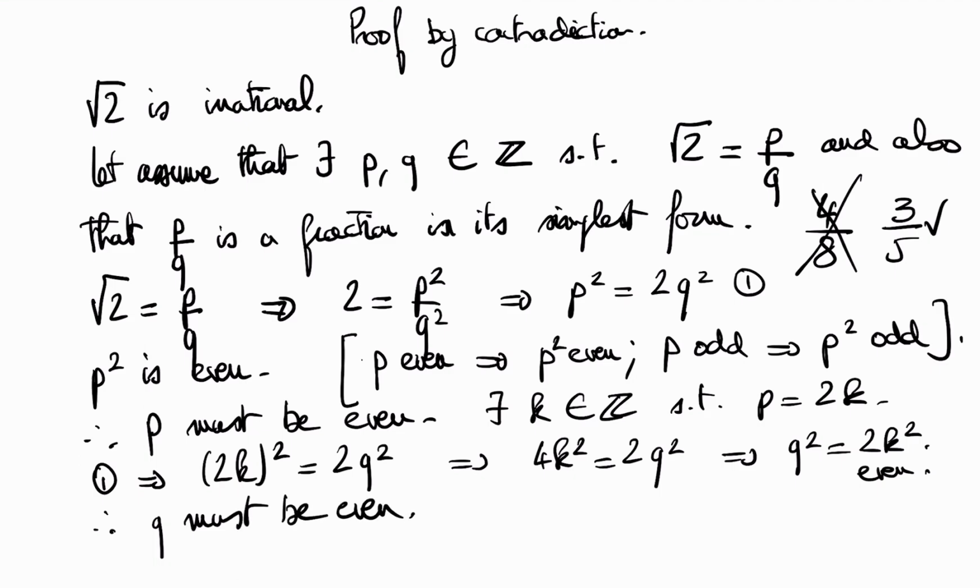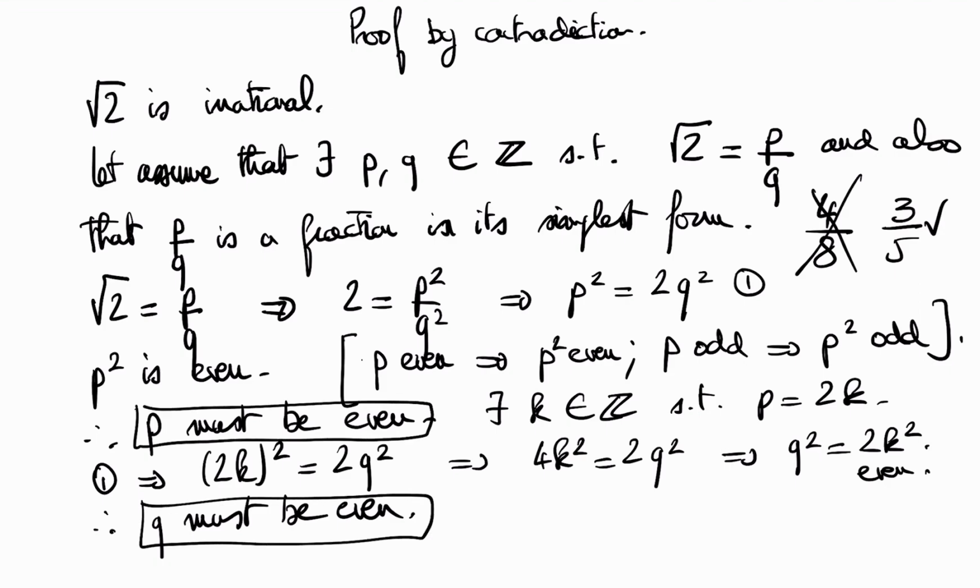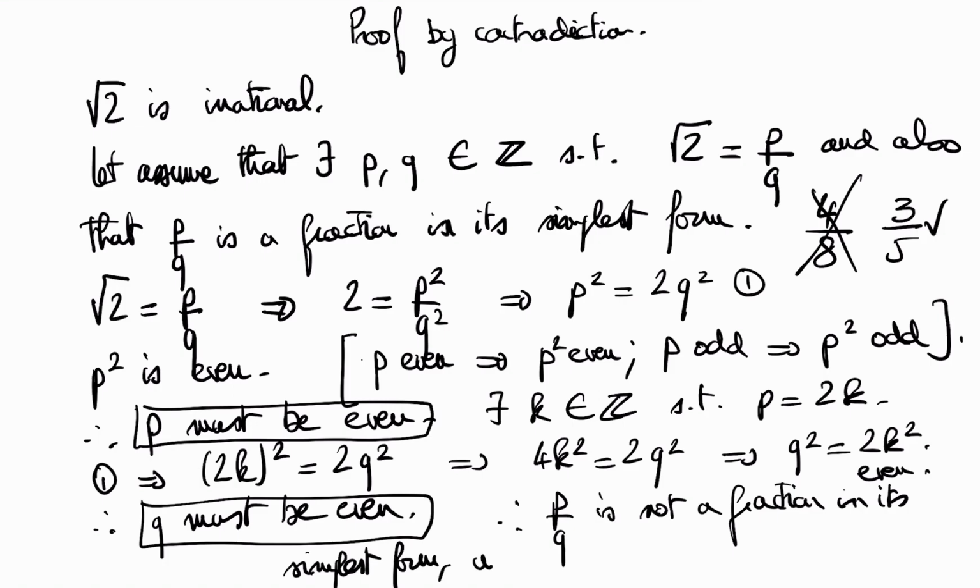Now that's a problem because p is even and q is even. So therefore, p over q is not a fraction in its simplest form, which contradicts the original statement.